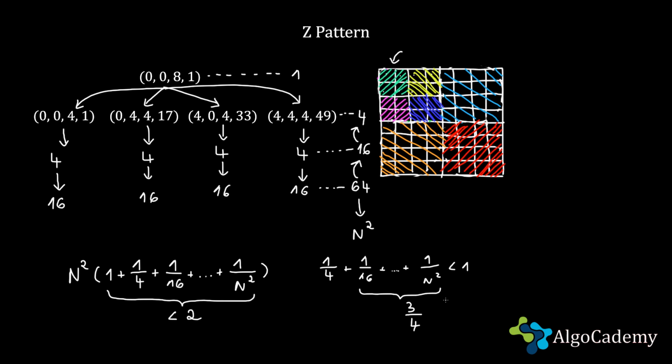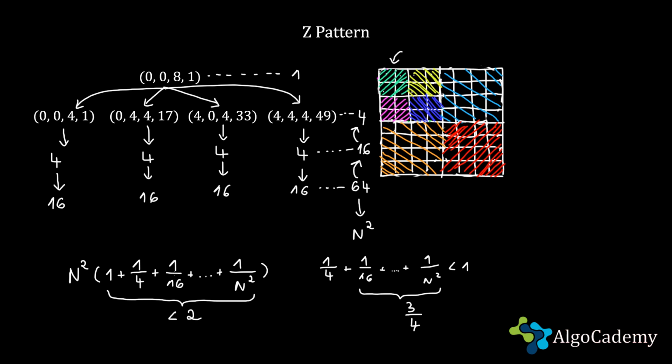So the rigorous mathematical proof of this is actually that this is a geometrical series, because the numbers always get multiplied by the same amount, which is 1 divided by 4. So 1 divided by 4, 1 divided by 16. And you can actually come up with a formula for this. There is a formula for the sum of a geometrical series.